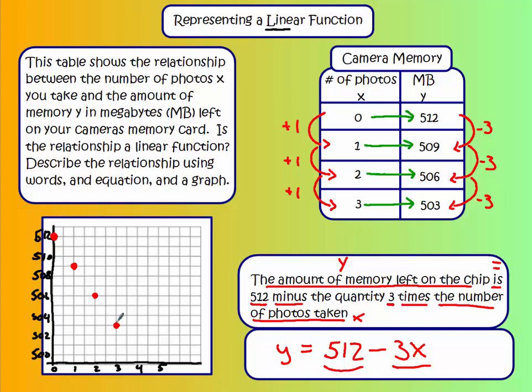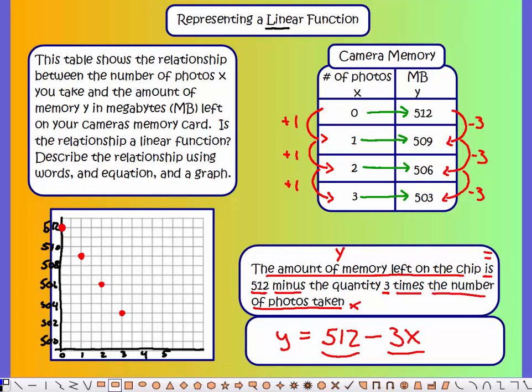Now, the neat thing about a graph is it can help us predict values for the future. Since this is a linear function, that means these points should all be in a straight line. So let me use a straight line tool here and determine if that's true. I'll use orange. Let's see if I can connect.